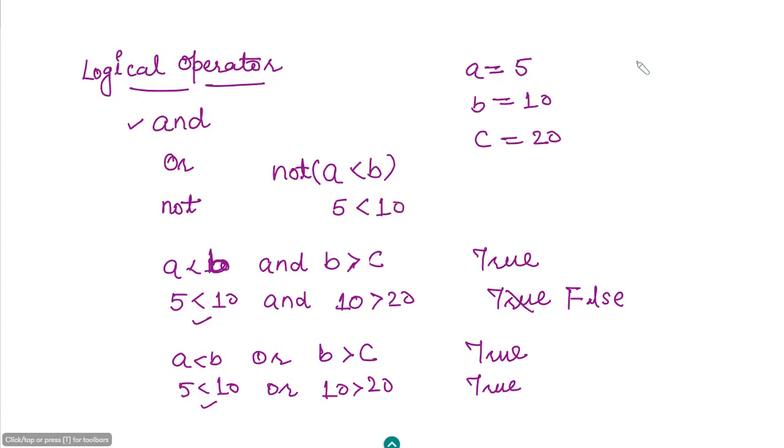Then 5 is less than 10. Not 5 is less than 10, so it will return false. Why? 5 is less than 10, but I am saying that 5 is not less than 10 with the help of the not operator, right? So all the operators are clear.